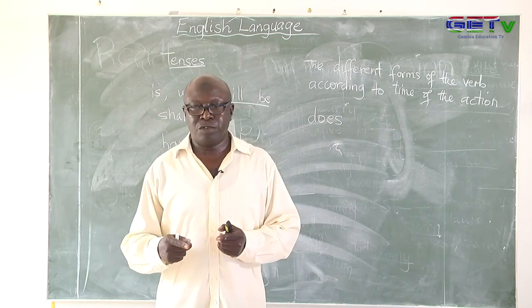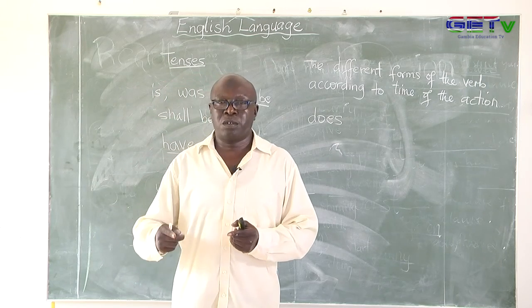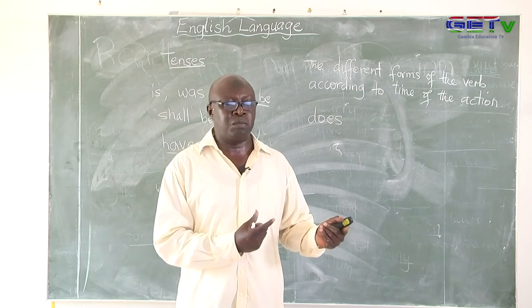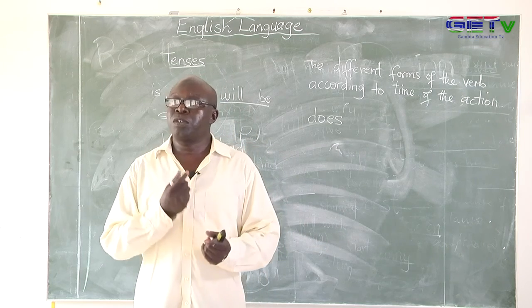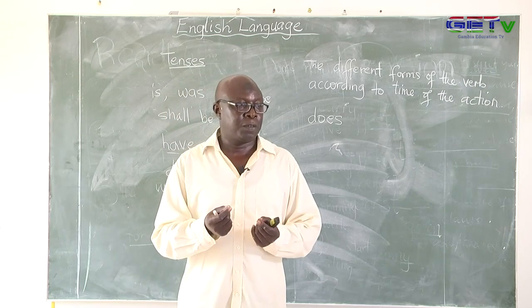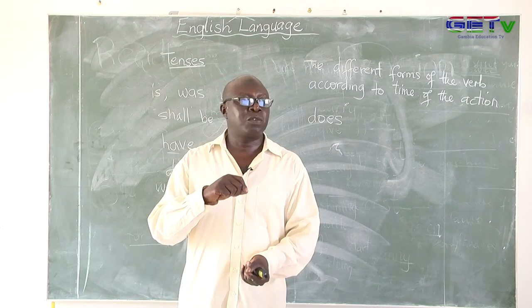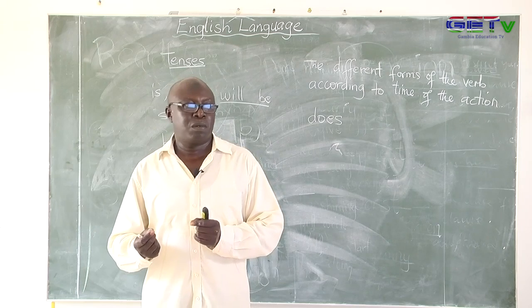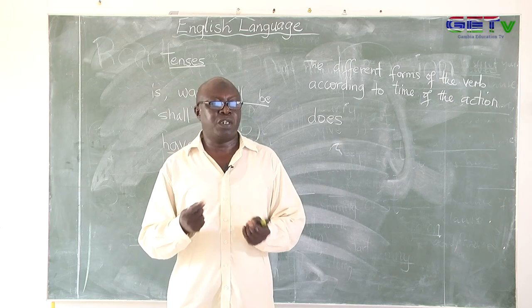Now, the verb also being used in these three different times makes the verb change its form. The spelling may change, maybe the pronunciation also may change. So the way the verb changes its forms is what we call tenses of the verb. Okay? So we have different tenses.